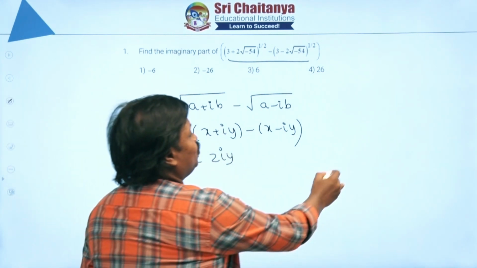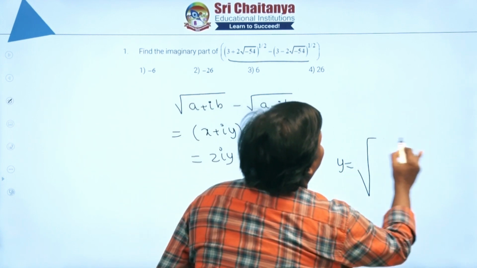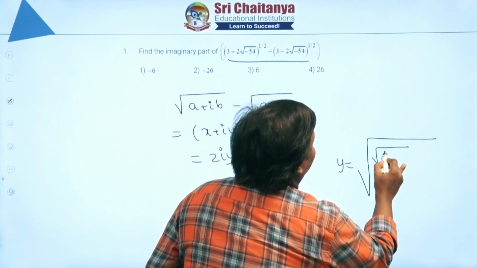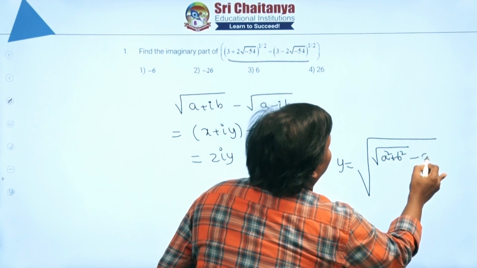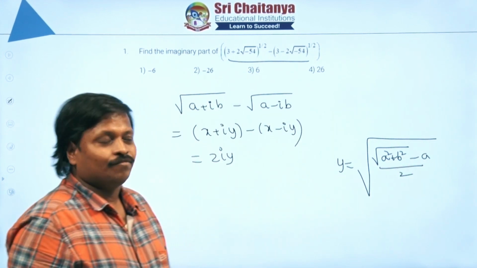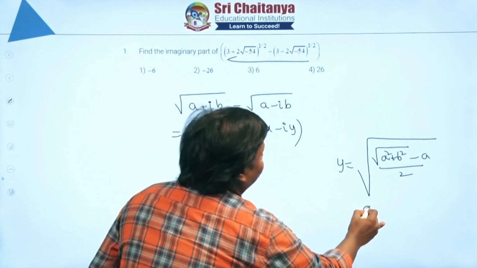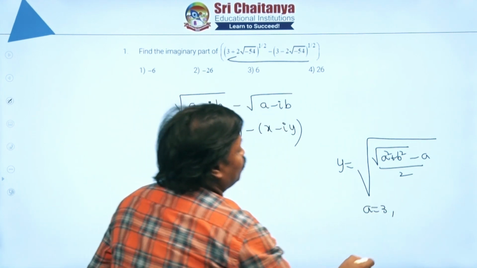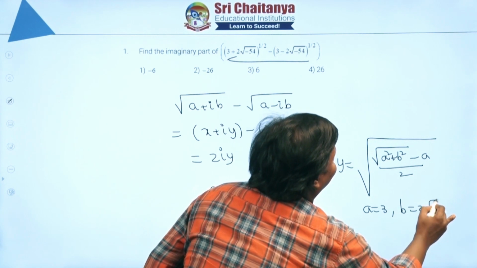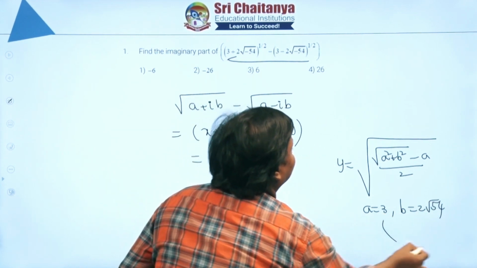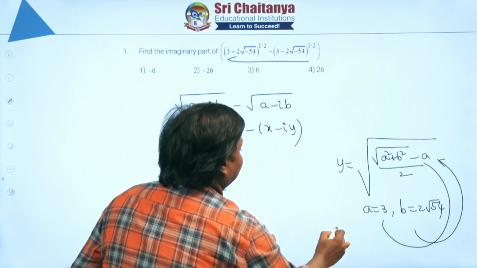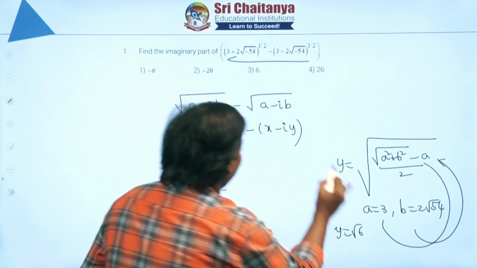But where y value is, we can use a shortcut also: root of (root of a square plus b square, minus a) by 2, where a is nothing but 3, and b is nothing but 2 root 54. By substituting the values of a and b in this, you will get y value as root 6.